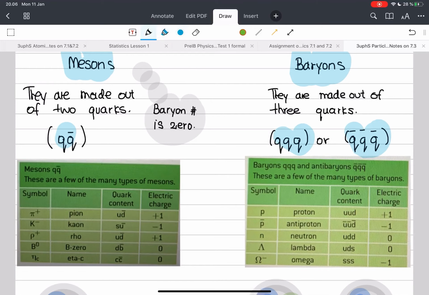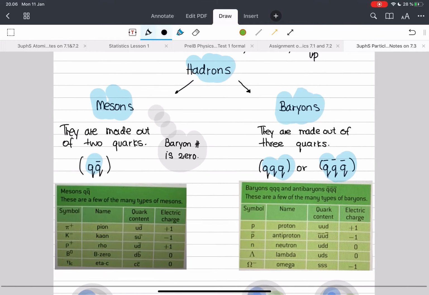The mesons are particles that are made out of two quarks, as I said before, and you can see that the positive pion is made out of U, up, and anti-D. Let's see, if it didn't give us the charge that is +1, would we be able to find it?